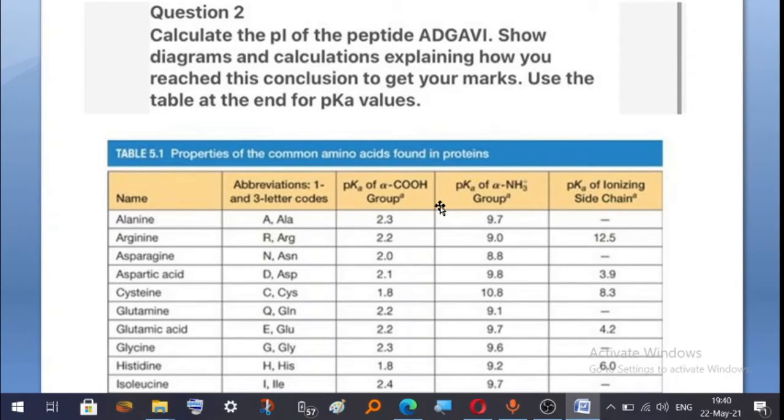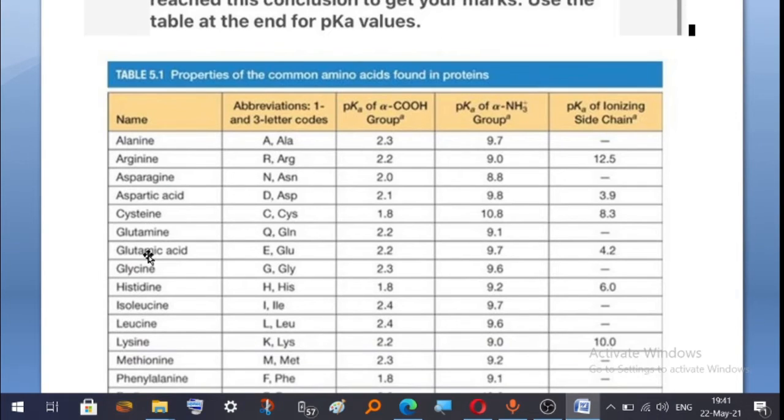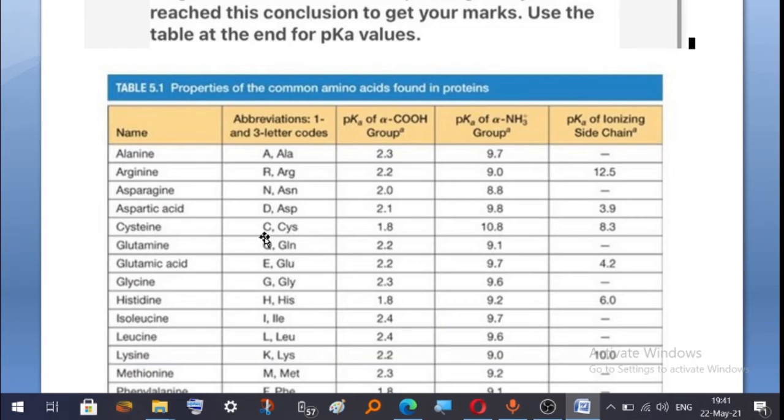At the end of the question, we have been given a table that shows the pKa value of different groups present in the amino acid. In the first column, the amino acids are arranged in alphabetical order. In the second column, we have been given the acronyms for the respective amino acids.